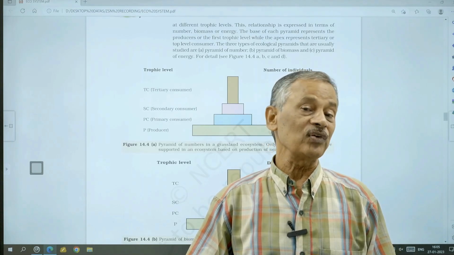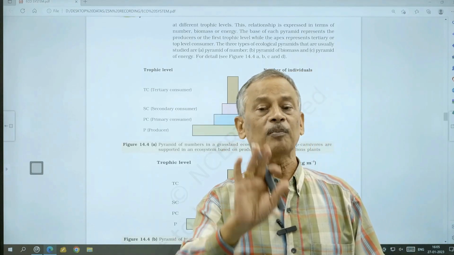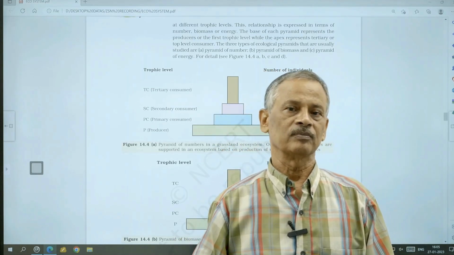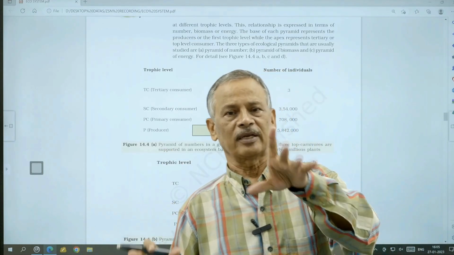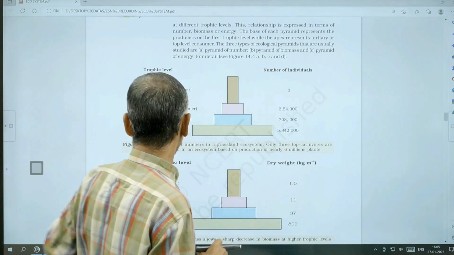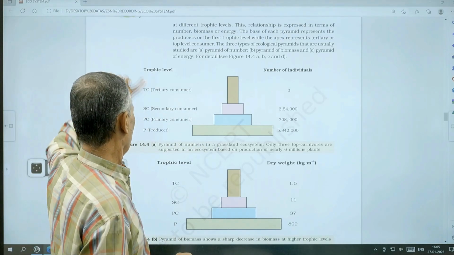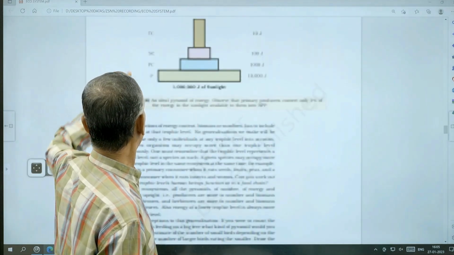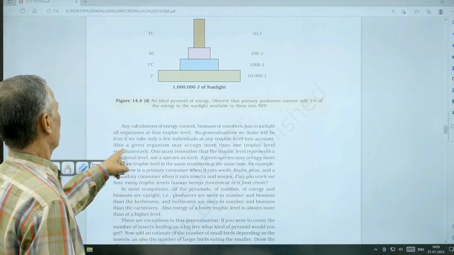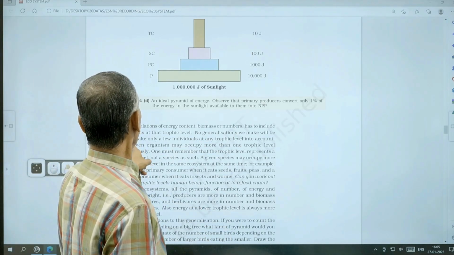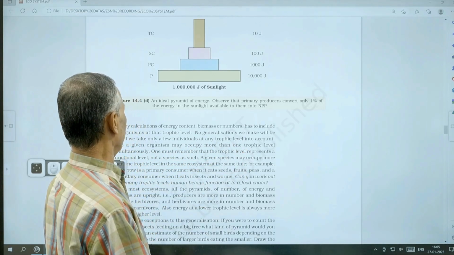Because a trophic level is a functional status. It is not represented by any particular species. So who is doing that function of production? All should be coming under this. So that is number one important point. Second one: a given organism may occupy more than one trophic level simultaneously.